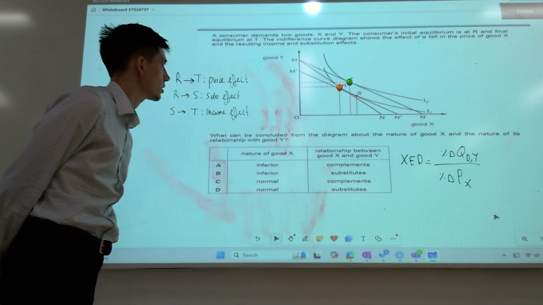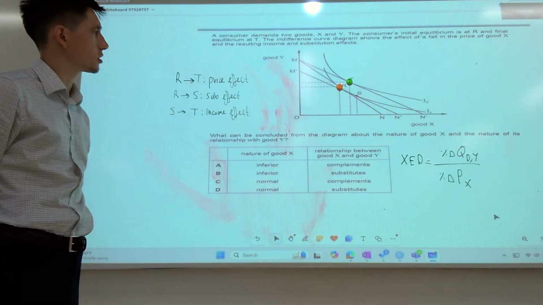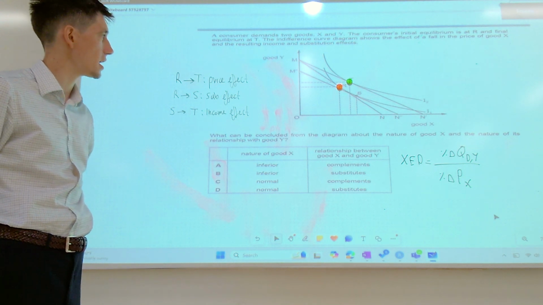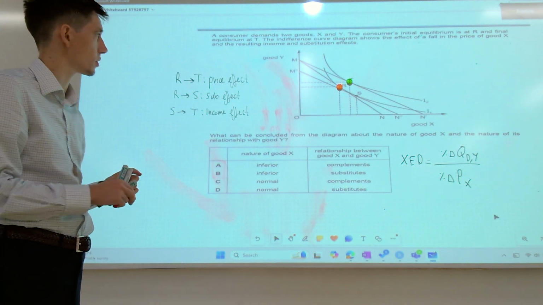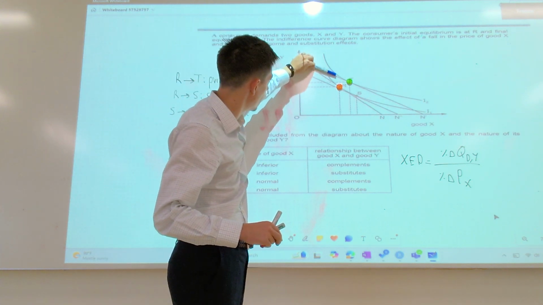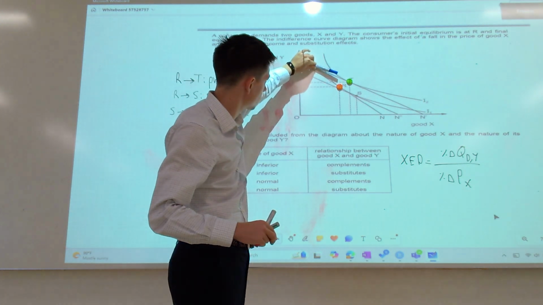So firstly, let's look at our budget lines and try to establish what has happened to create this change in equilibrium. So the budget line is pivoting outwards like this.